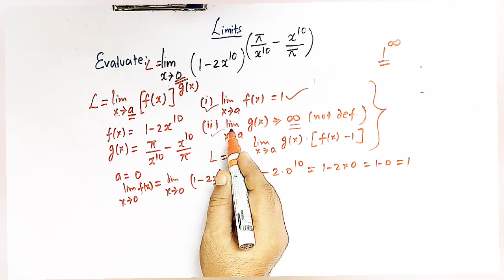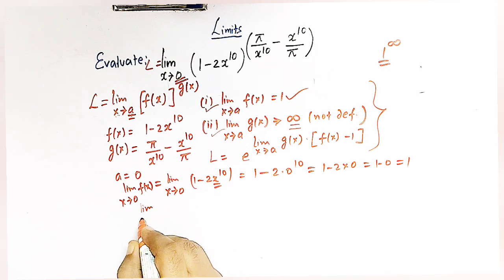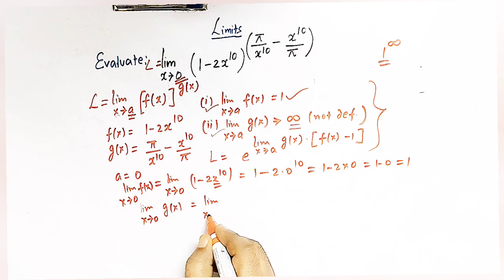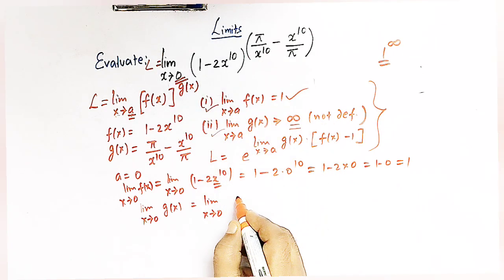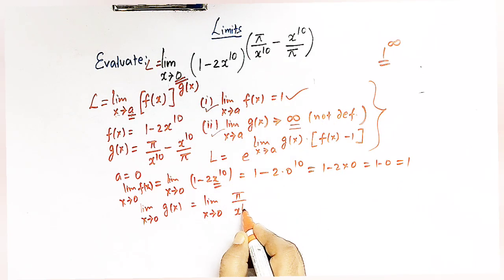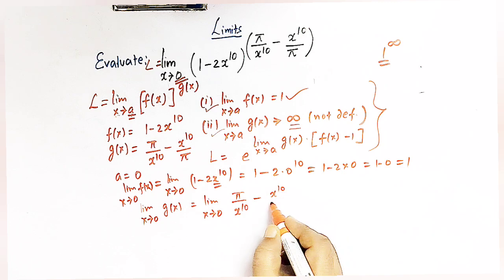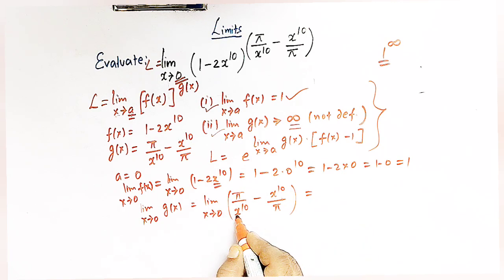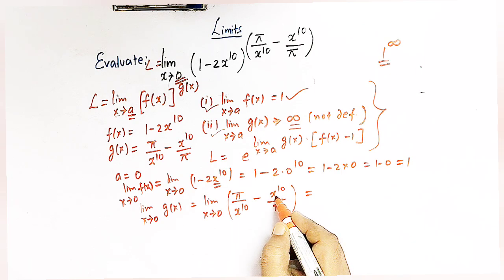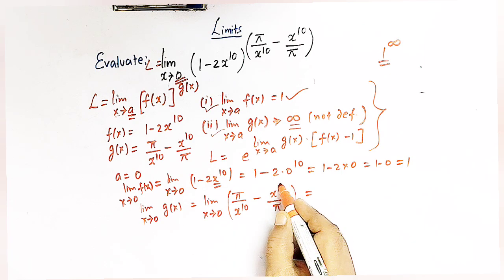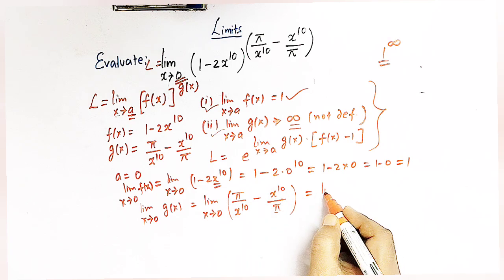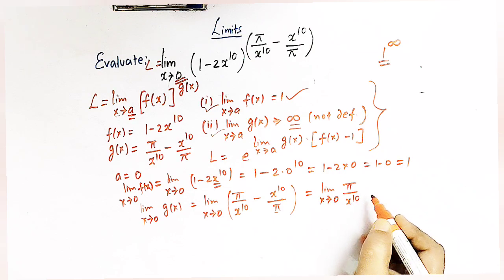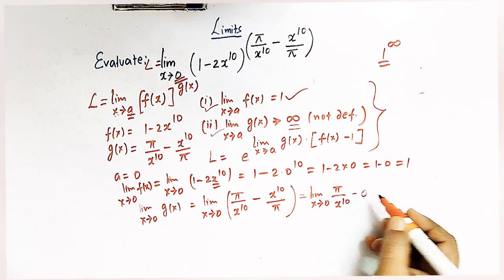So now let us see the second condition. So here limit x tends to 0, g of x, and we have limit x tends to 0, g of x is given by pi over x raised to 10 minus x raised to 10 divided by pi. Now see, here x is in the denominator and here x is in the numerator, right? So this limit is 0. So we have simply limit x tends to 0, pi over x raised to 10 and 0, right?